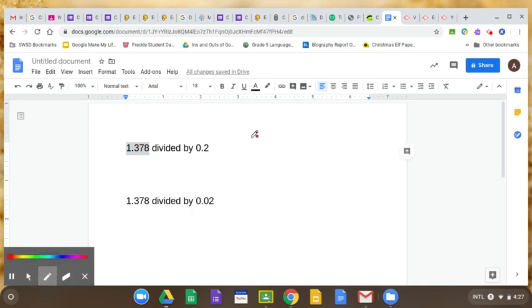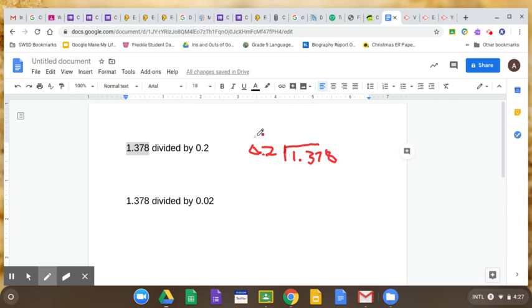So if I were to write this problem, I would write 0.2 on the outside, then 1 and 378 thousandths.